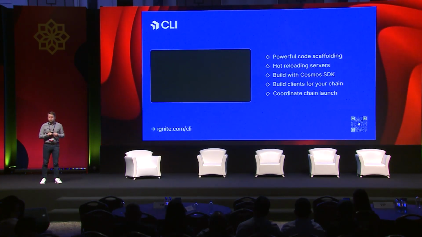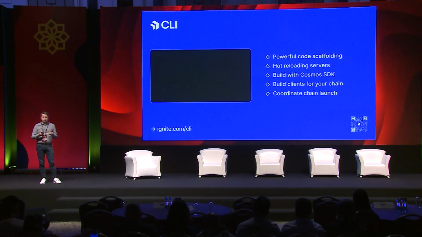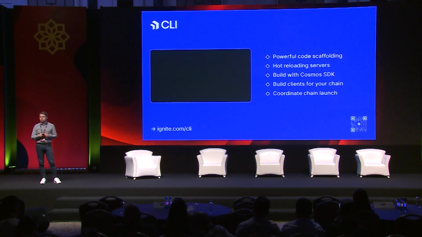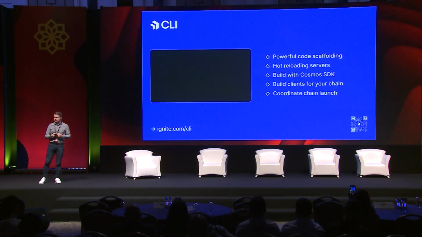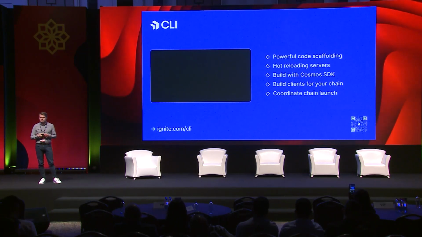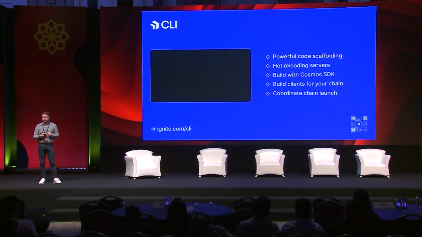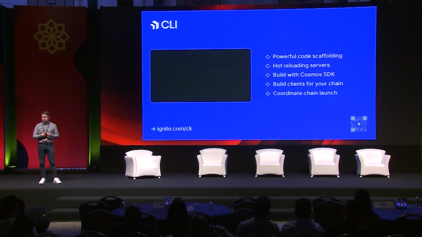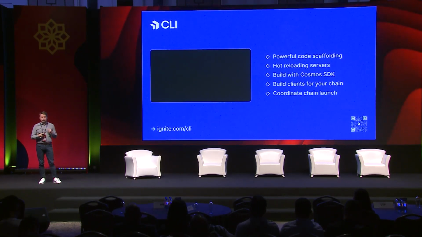So let's go over some features of the CLI. The CLI is just a binary that you install in your machine. Very easy to install. It features powerful code scaffolding, so with one command you get a new blockchain. You get a hot reloading server, so the iterations are very quick. You can start your node with just one command and see it running locally.